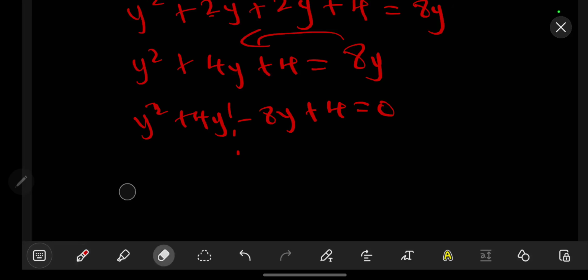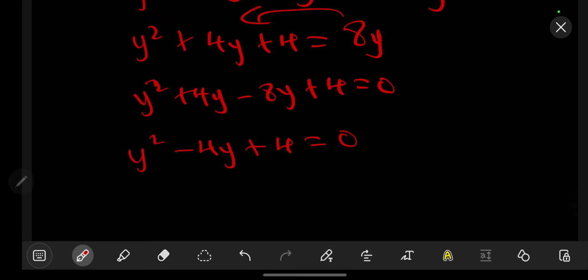Okay, we are not going to do the factorizing in parts from here. Let's simplify. So we have our y squared, then we have plus 4y minus 8y, it will give us negative 4y. Then we have plus our 4 should be equal to 0.